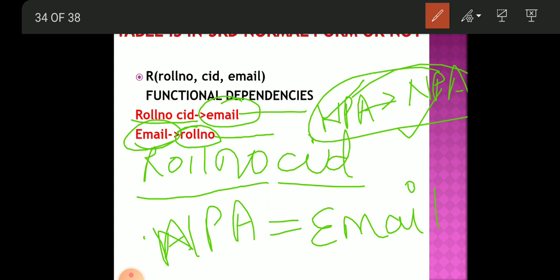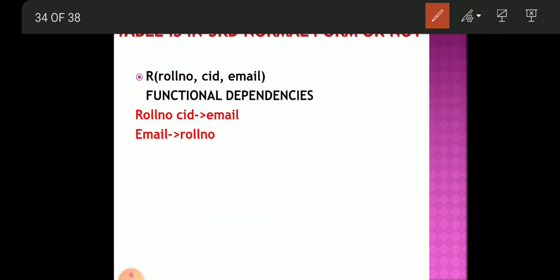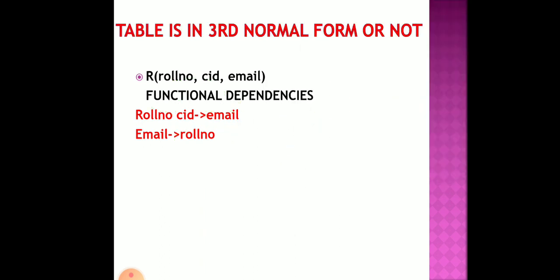Roll number and CID is the candidate key, and email is a non-prime attribute dependent on the complete candidate key, so there is no partial dependency. For the other dependency, roll number is a prime attribute, so there is no need to check for partial dependency. So this relation is clearly in third normal form. That's all. Thank you.